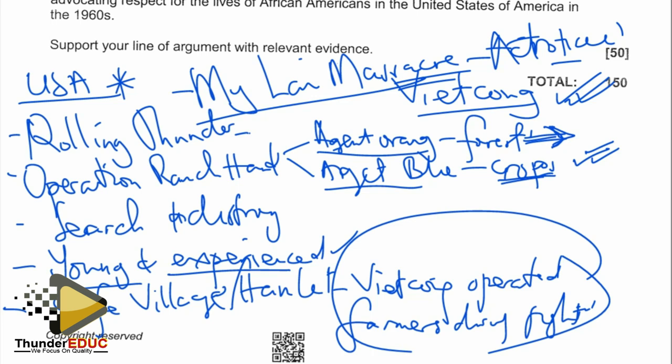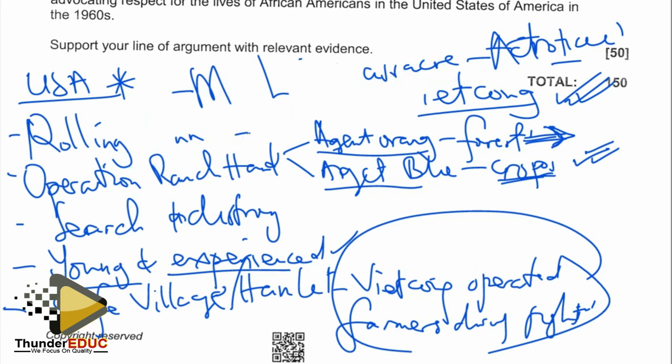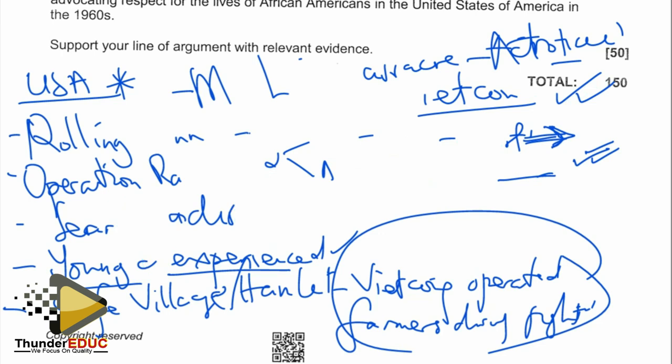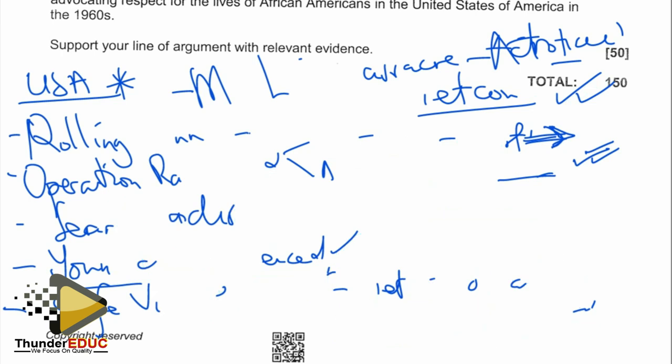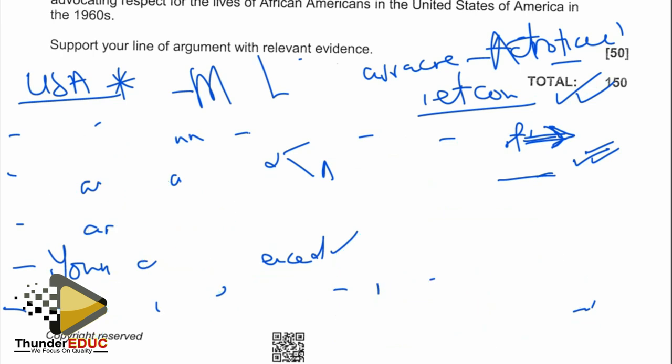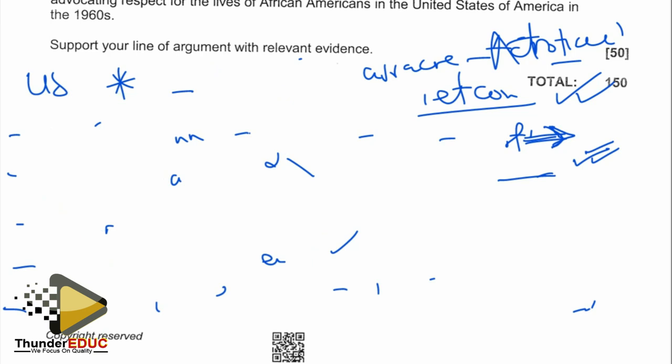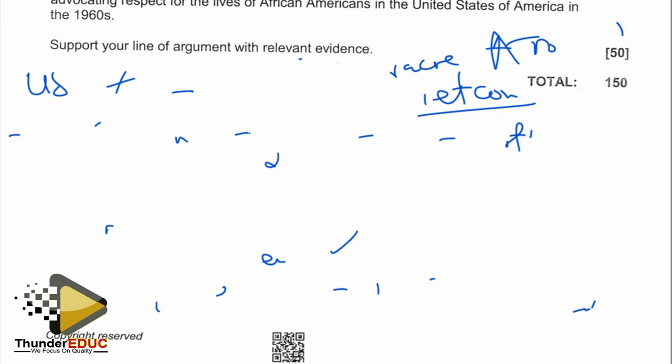Then you can also argue on America using chemical warfare. America also, besides using Operation Ranch, was using some form of chemical warfare, whereby we can mention a chemical termed napalm, which was a very deadly chemical which would burn the human body. They would use that chemical which would attach to the human body and burn the body to death.